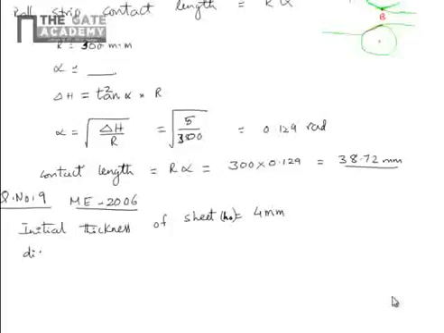Diameter of the rollers, d, is equal to 300 mm.